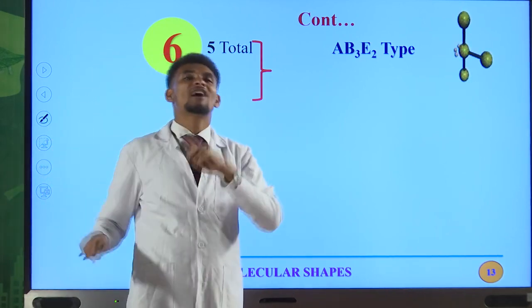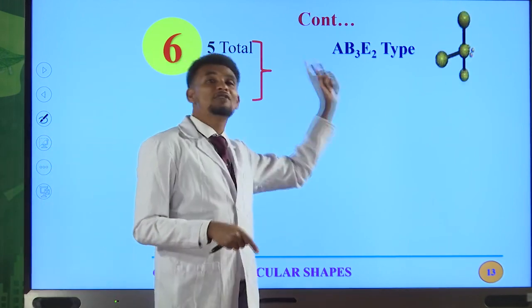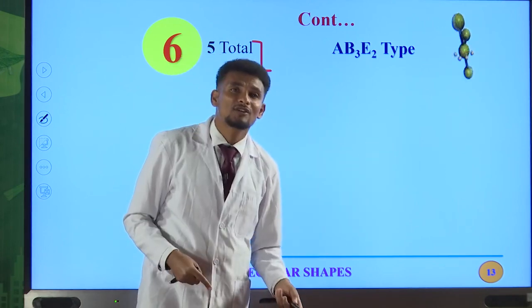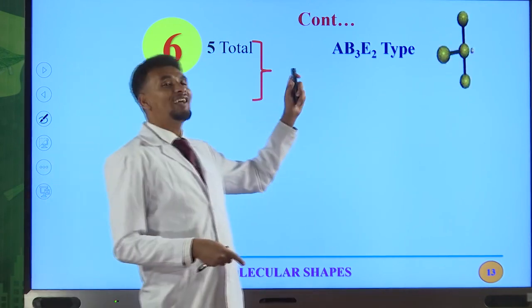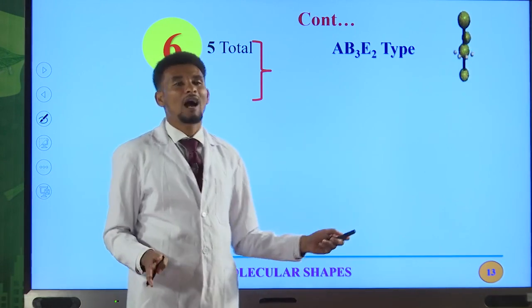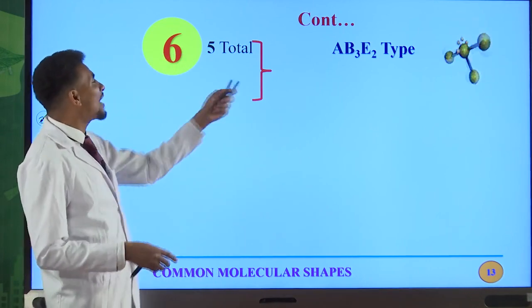Total electron pairs are 5. From these 5 total electron pairs, 3 of them are bonding pairs and 2 of them are lone pairs of electrons. Therefore, its electronic geometry is trigonal bipyramidal. It is the same. However, its molecular shape changes. I'll tell you this one. All the time remember this one.